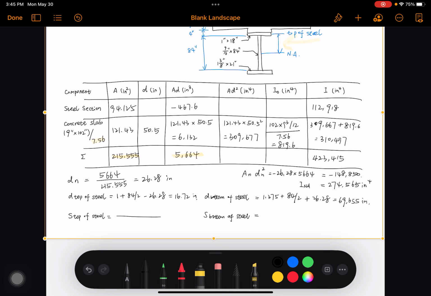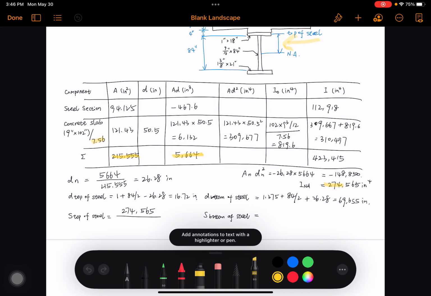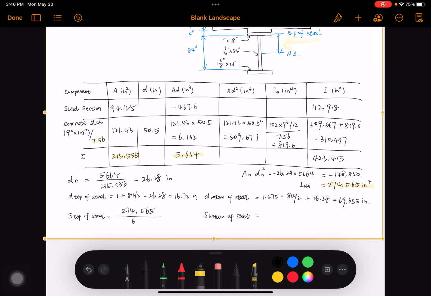The section modulus to the top of the steel is calculated as 274,565, the moment of inertia of the composite section, divided by 16.72 inch.